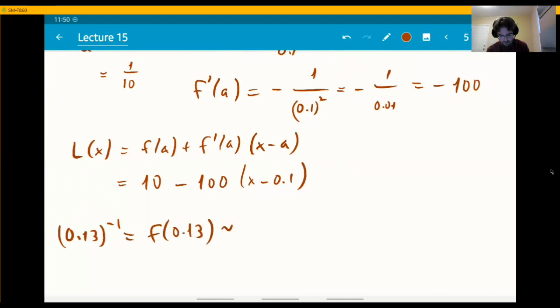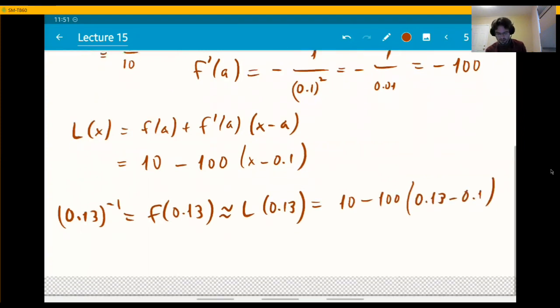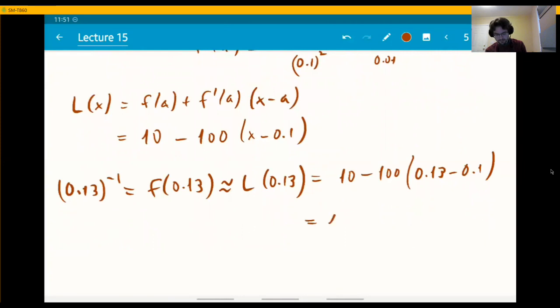F is approximately L, and L is equal to this particular expression, 0.13 minus 0.1. How much does that give you? Just 0.03. We're going to multiply that by 100.